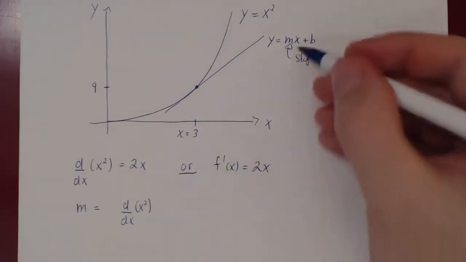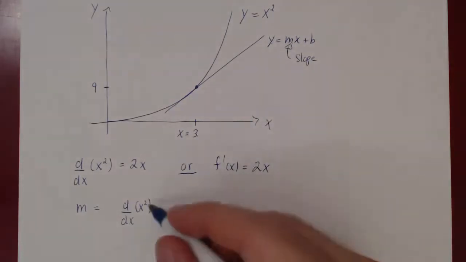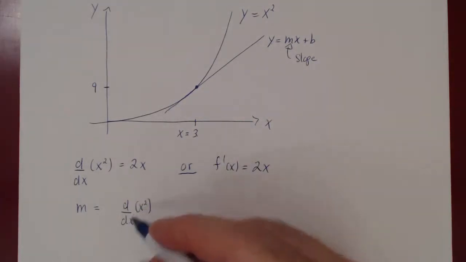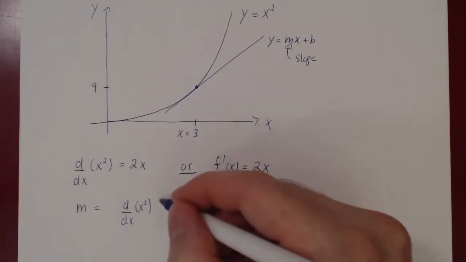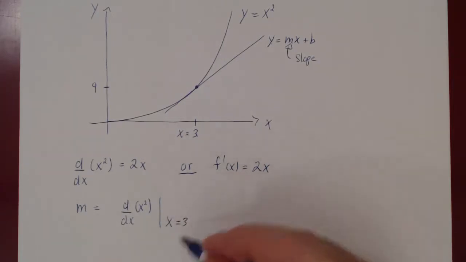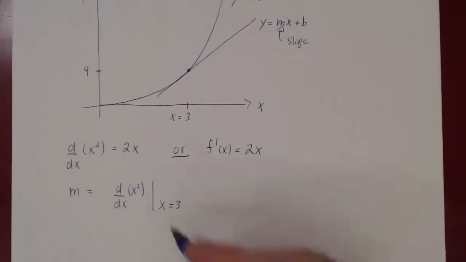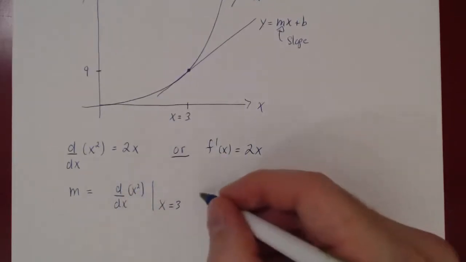And specifically, we want the slope at the point x equals 3. And so if you have an equation that is a function of x, and you want to evaluate the function at x equals 3, we can use a vertical bar and say vertical bar x equals 3. What this means is evaluate the expression at x equals 3.